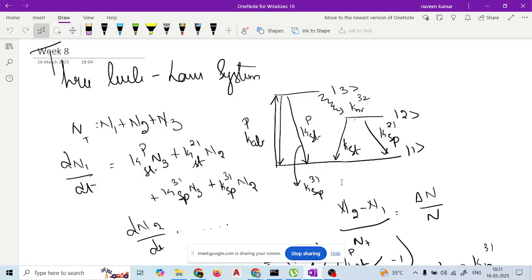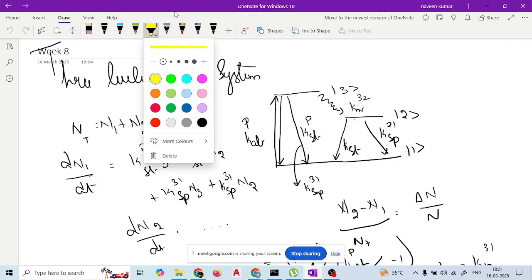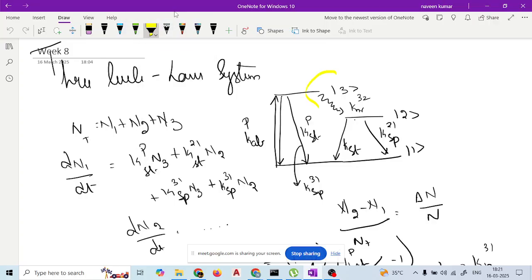How are they making the transition from one energy level to another?